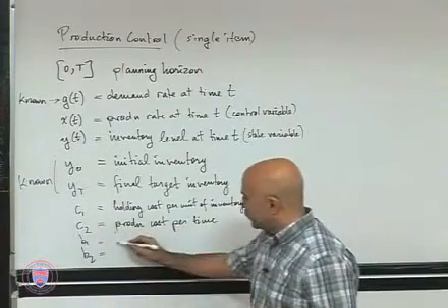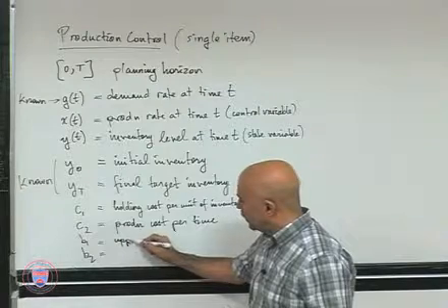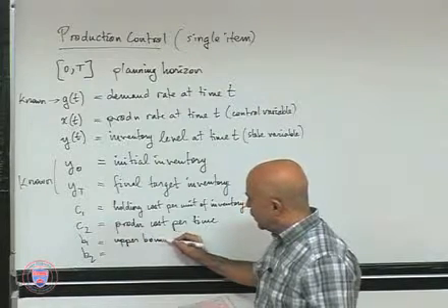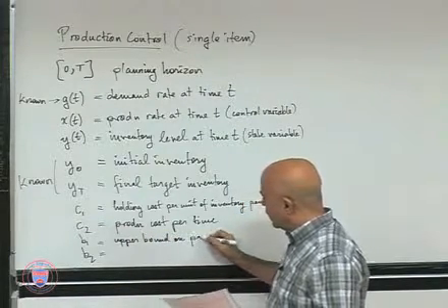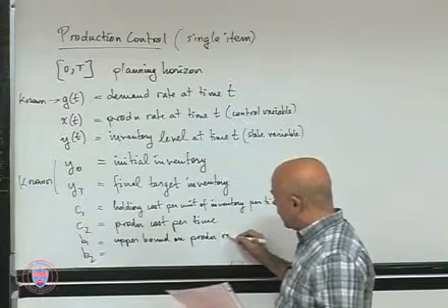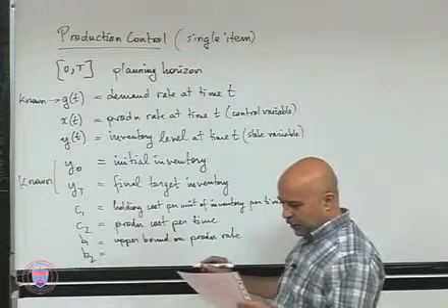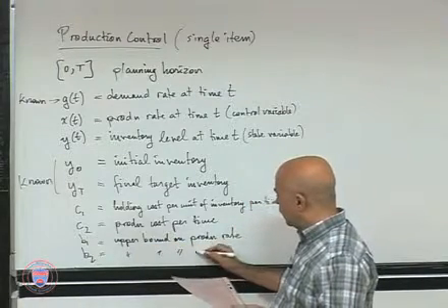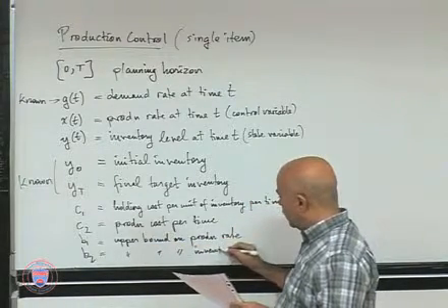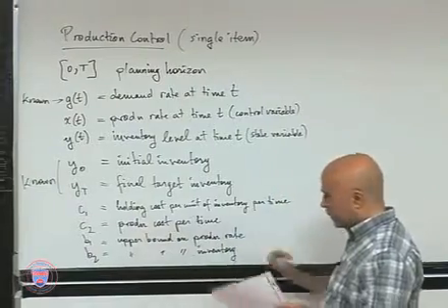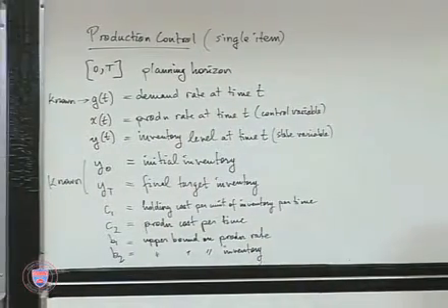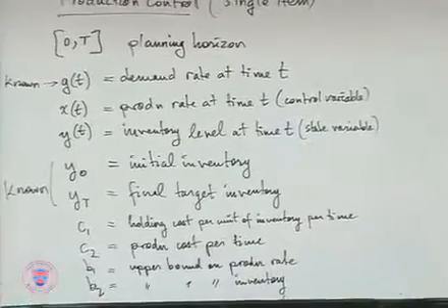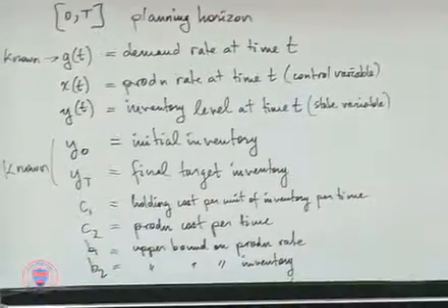B1 is the upper bound on the production rate, and B2 is the upper bound on the inventory level. I don't have any lower bounds in this case. The lower bounds are natural lower bounds, which are 0. Okay?